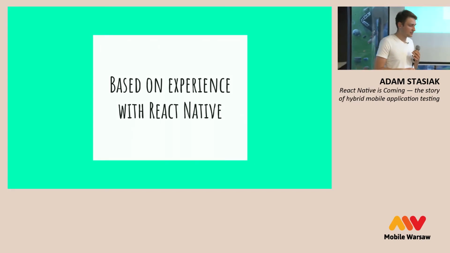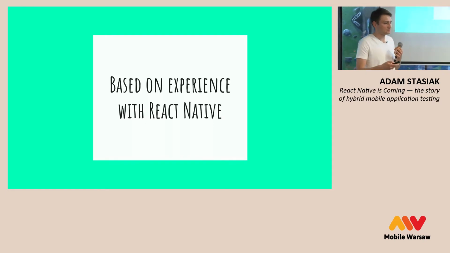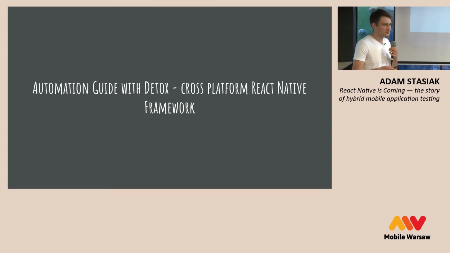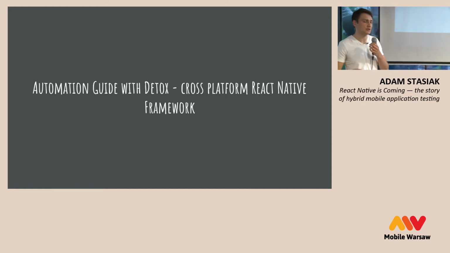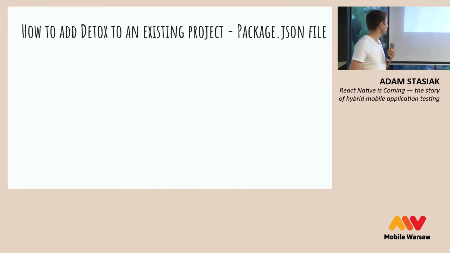And now, based on my experience with a React Native app and my research, I would like to present an automation guide for Detox, and I will show you how to apply UI tests to a React Native project.